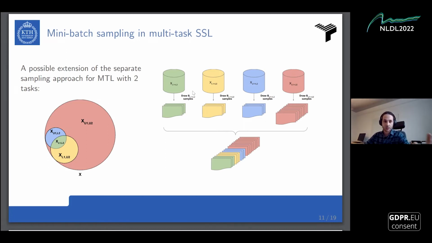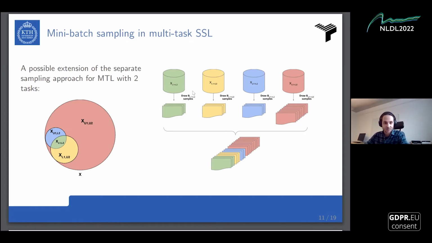A possible extension to the separate sampling approach would be to sample separately from each of these subsets. And that ends up with mini batches that have 4 different parts, one for each of these subsets. The size of these subparts is going to be basically a hyperparameter that we have to tune and would be regulating the rate at which the samples in each of these subsets would be appearing during training.